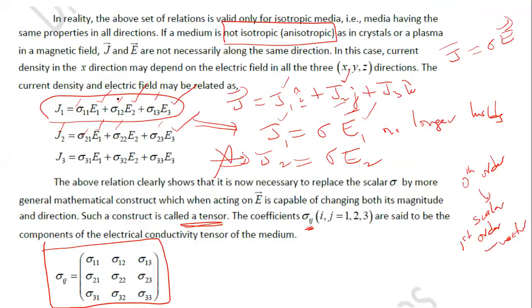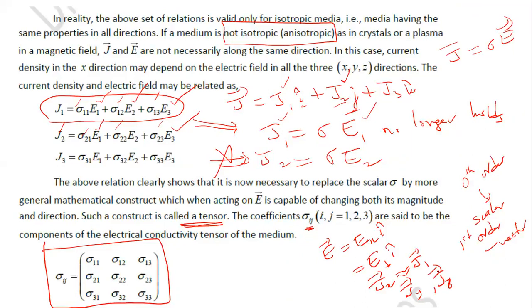But in anisotropic crystals, if you apply an electric field along the x direction, which you can denote as Ex or E1, not only will you have current along the x direction, which you can write as J1, you will also have a current along the y direction and along the z direction. So the electric field applied in one particular direction may influence the current flow along other directions also.